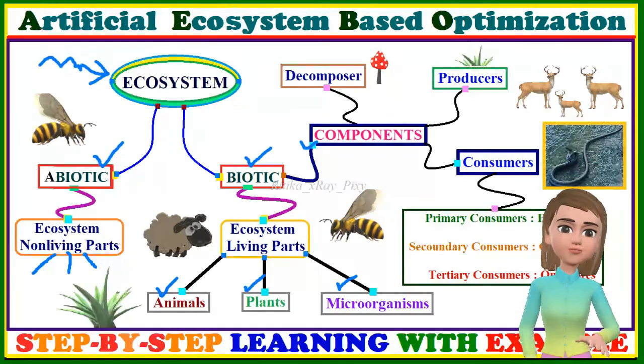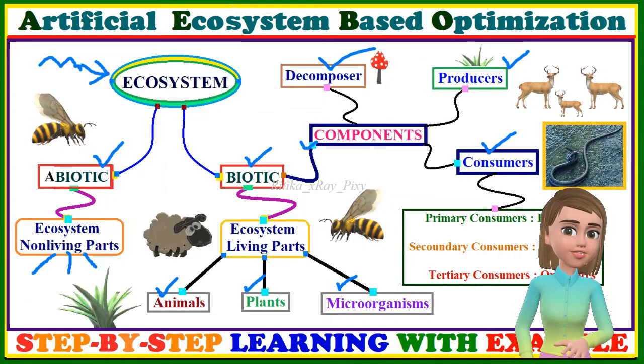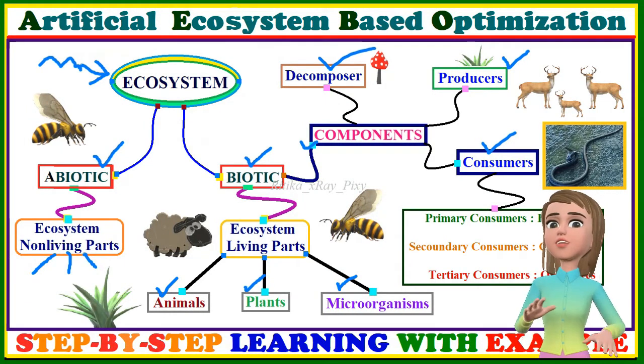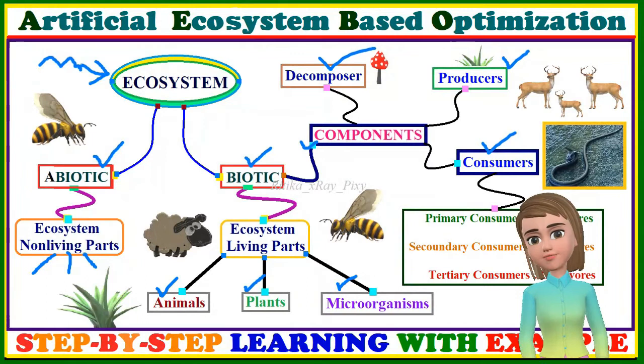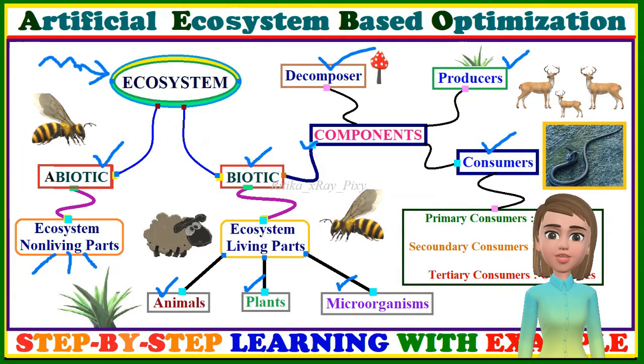Here you can see different biotic components of the ecosystem: producers, consumers, and decomposers. As we know, living things grow, change with time, develop, and die. They can reproduce and divide into many.